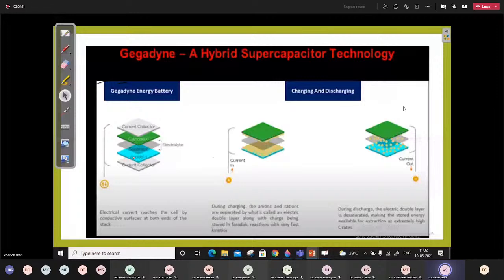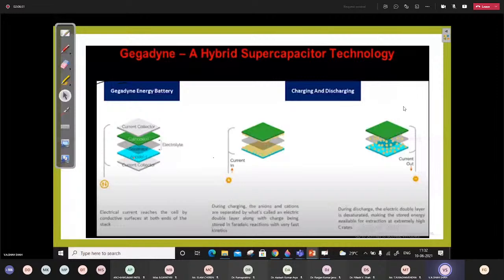Okay. So the first thing is that EV is nothing but an interdisciplinary area. And as far as the electrical branch is concerned, it cannot be realized without power electronics. Everywhere you need to use power electronics.